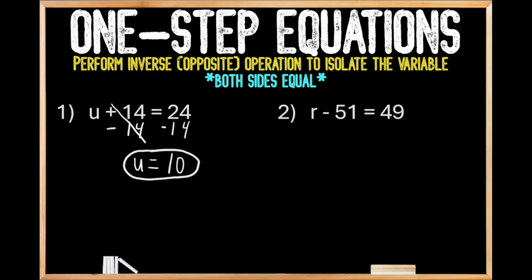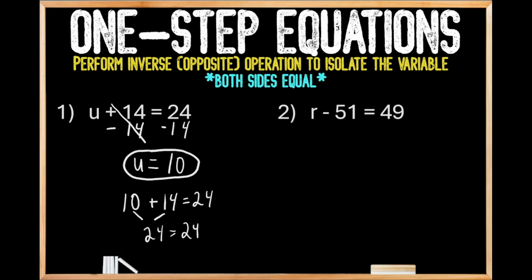And if we're trying to make sure that we have the correct answer here, we can simply plug our value for our variable into our original problem. So here we have 10 for our value of u, and then we have plus 14 equals 24. And when we add 10 plus 14, we get 24. And since both sides of this equation are equal, it means that we have the correct answer. U is equal to 10.